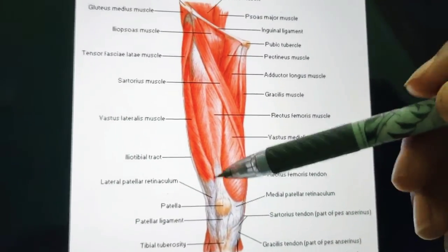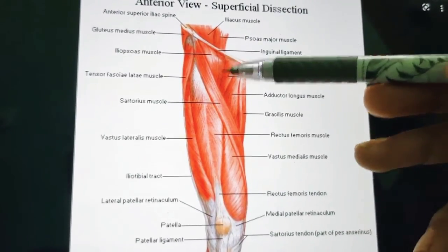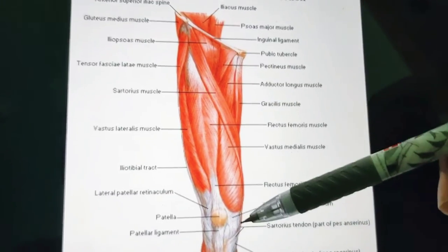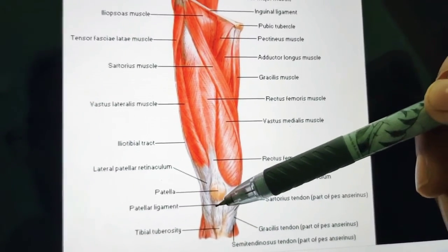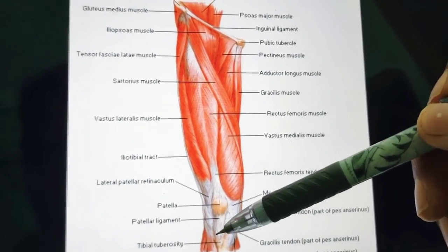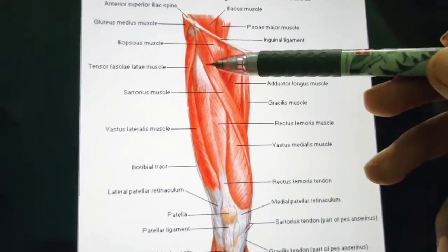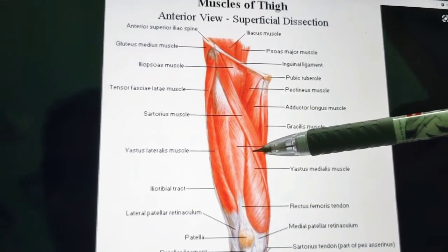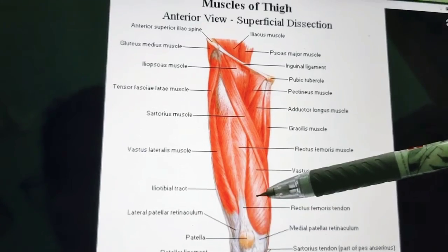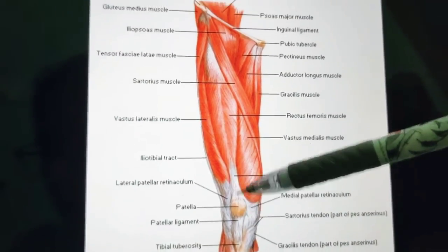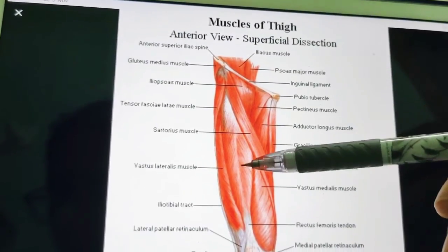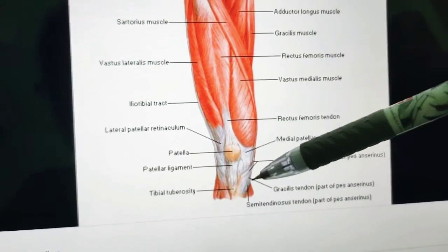You may doubt that the anterior compartment muscles are extensor muscles, then why is the sartorius flexing the leg? Remember, the sartorius is a flexor for the thigh, but also a flexor for the leg. So it's an abductor, lateral rotator of the thigh, and flexor of the leg.